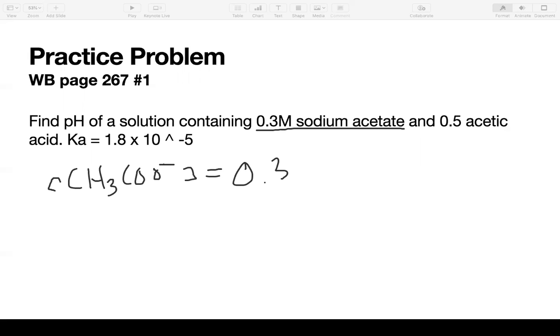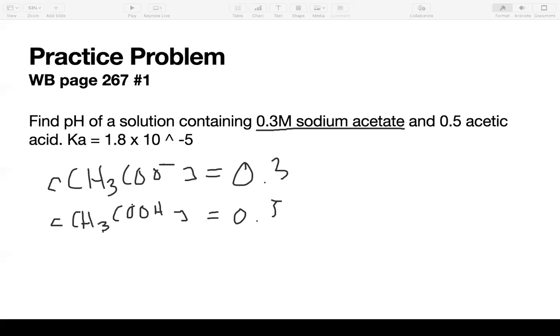And we know that our acetic acid has a concentration of 0.5. So CH3COOH is equal to 0.5.